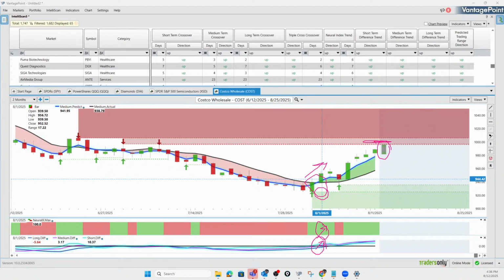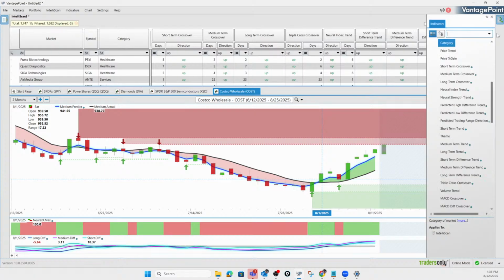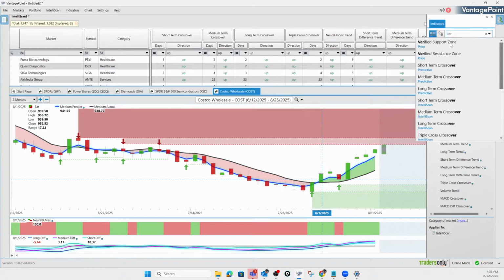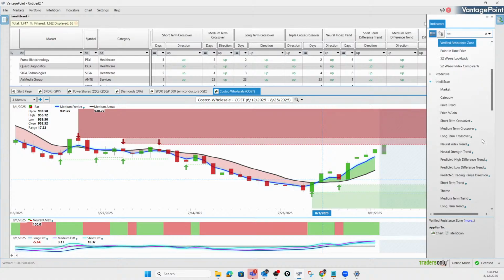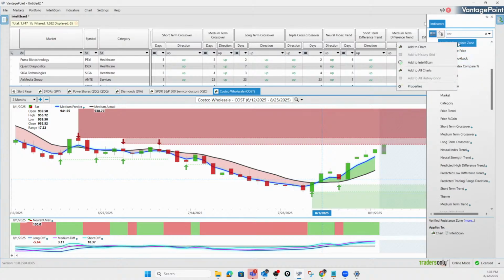Well, remember, we see support and resistance on the chart. Maybe you're a trader who doesn't like to trade up against resistance. So we could actually look at that verified resistance zone and plug that right into our IntelliScan.